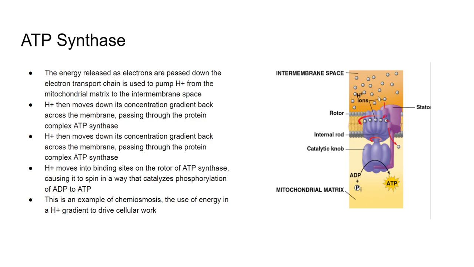Because they want to go to a more negative gradient, right? Opposites attract. Go through the ATP synthase, turn around these rotors and catalyze a reaction that turns ADP into ATP. And this is producing a large amount of ATP. 34 ATP, 32 ATP, a large amount of ATP.